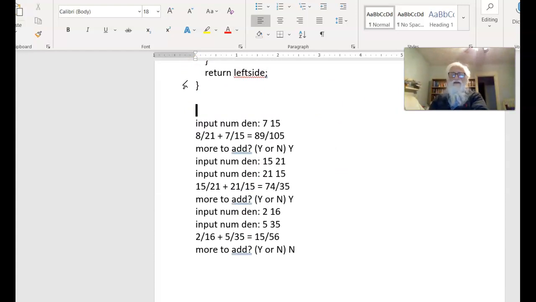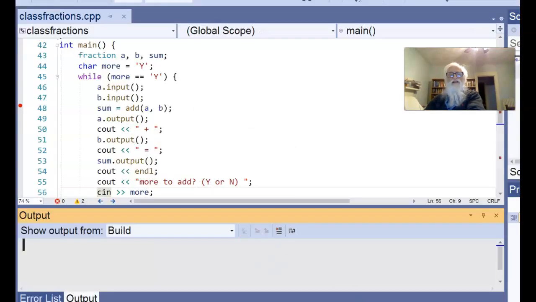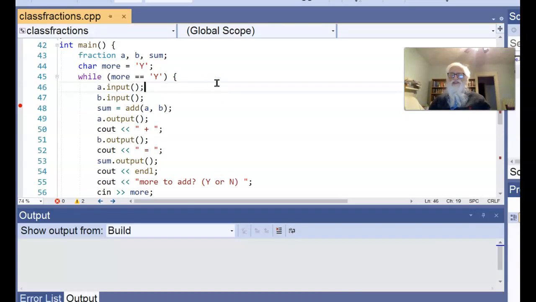And that's an example of using a class. Now, the point I made, and I want to repeat, is that if I'm just a user of the class, I don't have to know the details. I don't have to know how to add the 2 fractions.